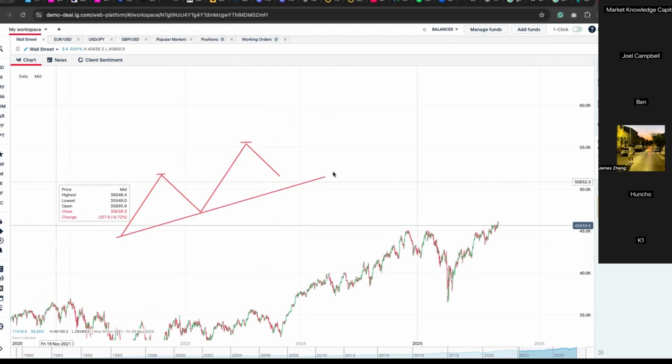Now because of that, I believe this is going to keep respecting the trend line. So they trade like this. They say, oh, it respected it before, so when it comes down again, it's going to respect it again. And they keep doing that, thinking that because it respected the trend line before, it will continuously respect it, but that's not how trading goes.